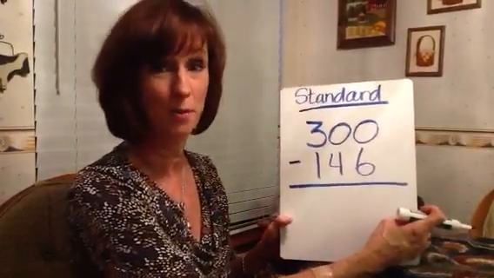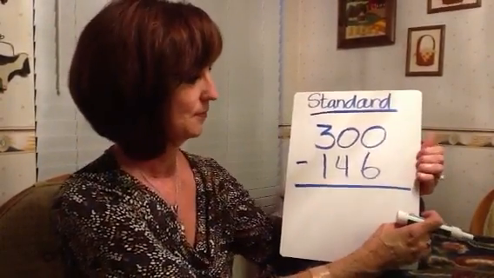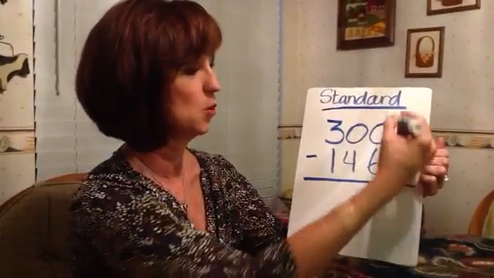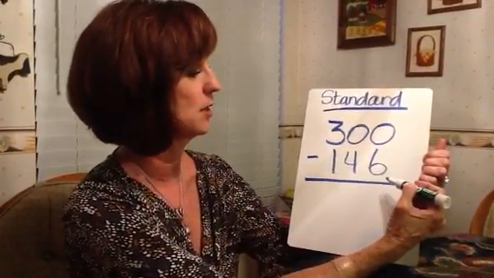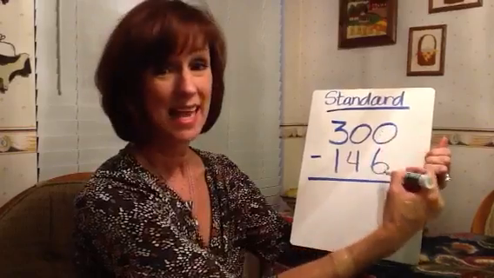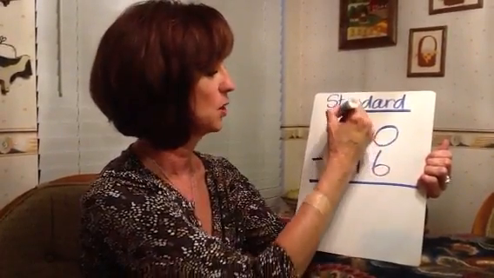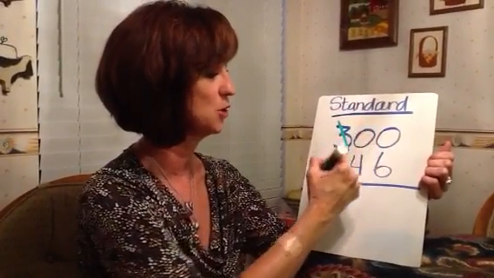We have the same problem. Okay, we start in the ones column in the standard algorithm. And we can't take 6 away from 0, so we have to borrow from the neighbor. But nobody's home, so we have to go to their neighbor and borrow. So we're going to borrow, and we're going to put that slash through the 3.